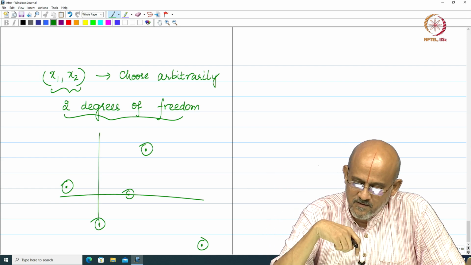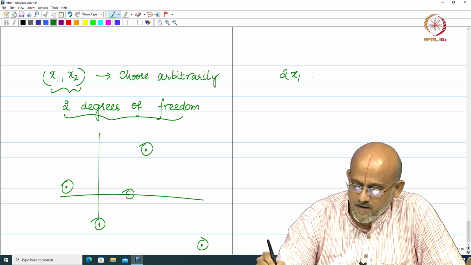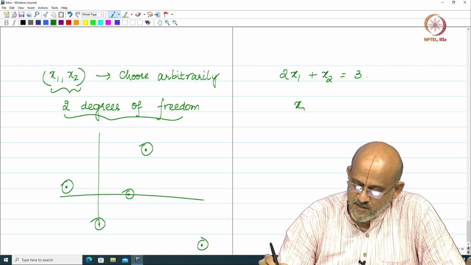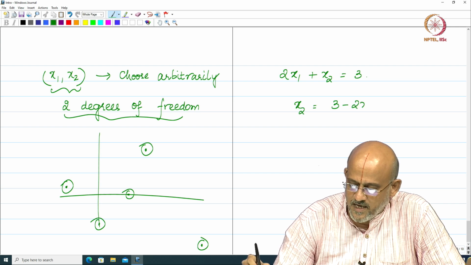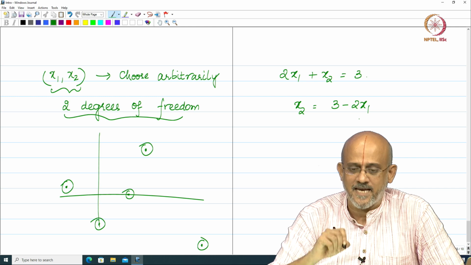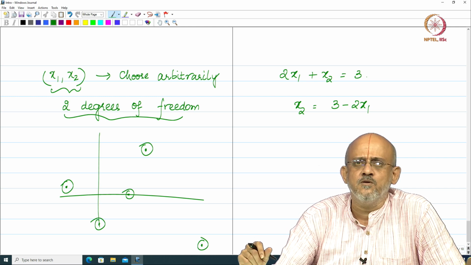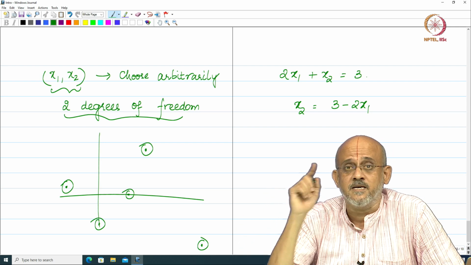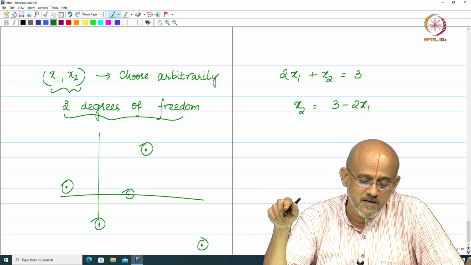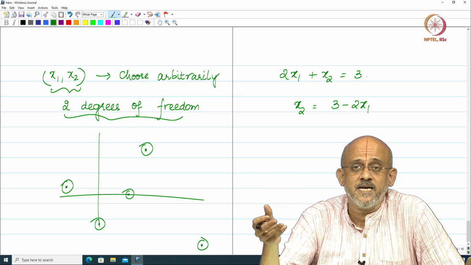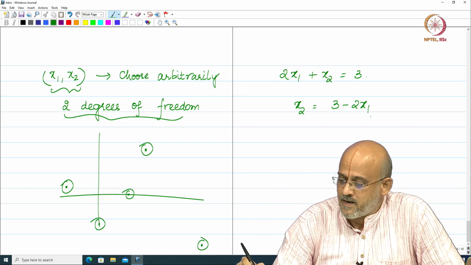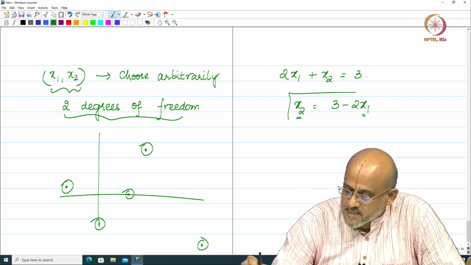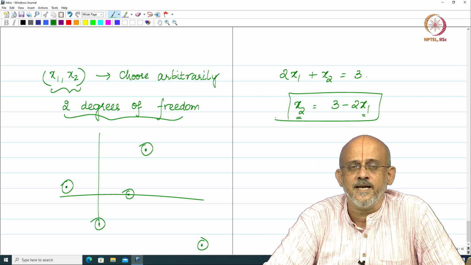Now the problem comes when I say 2x1 plus x2 is equal to 3. Now I have x2 is equal to 3 minus 2 x1. Now in this case again I tell you, look, you choose arbitrary values, but there is something interesting here. It does not make sense to say you choose arbitrary values for both x1 and x2, because the moment I choose my x1 the x2 value gets fixed, because there is a relation between x1 and x2.